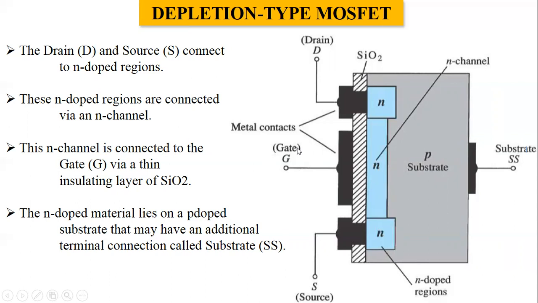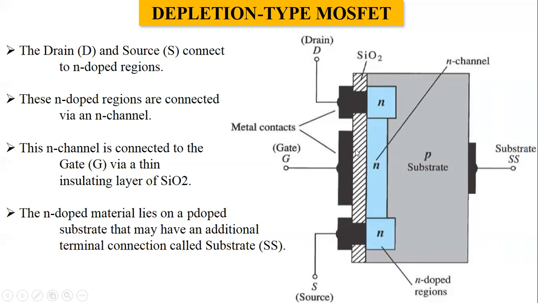In a JFET, the gate is used to control the current flowing through the channel. Similarly, we are going to use the gate to control the current flowing within this channel. But how? Along this N-type channel, we implement this dashed line that represents a dielectric medium or insulating material.